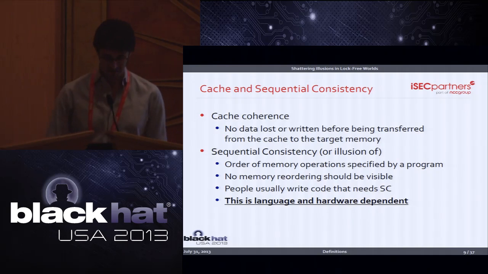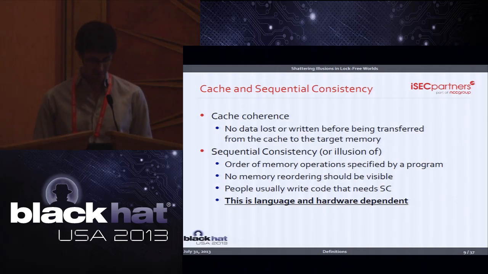It basically means that in a perfect, sequentially consistent world, the program you write is executed as you wrote it. So it means that they should not reorder instructions all over the place, which they do anyway, but this reordering should not be visible. Sequential consistency in current hardware and languages is kind of an illusion, even though you should be able to force it to some extent, but it would be very slow.